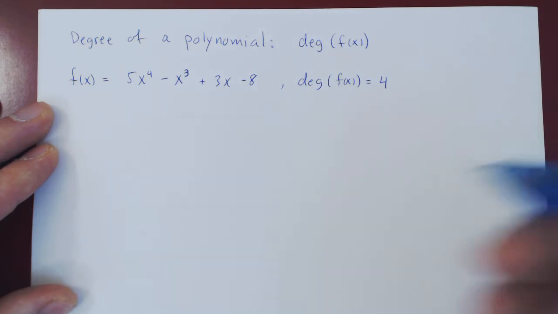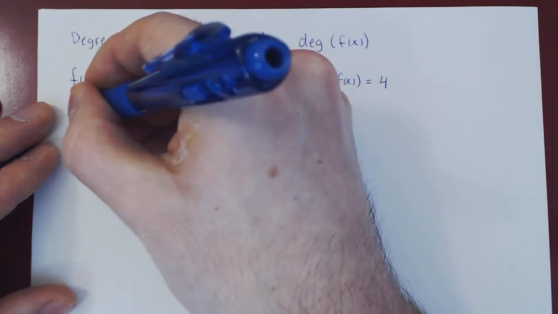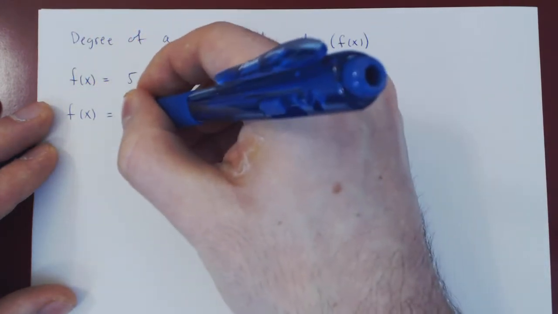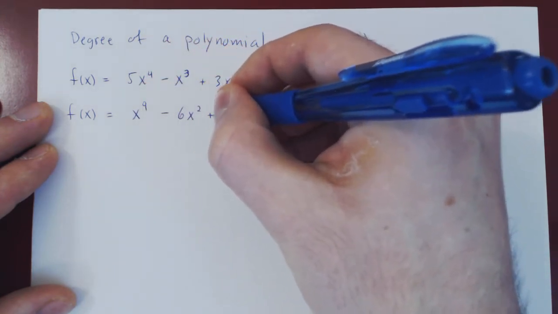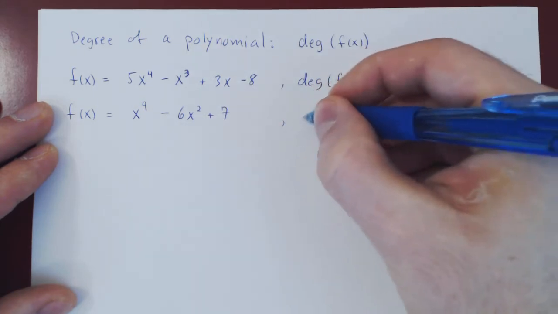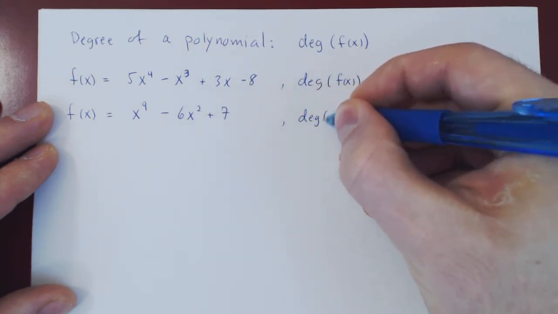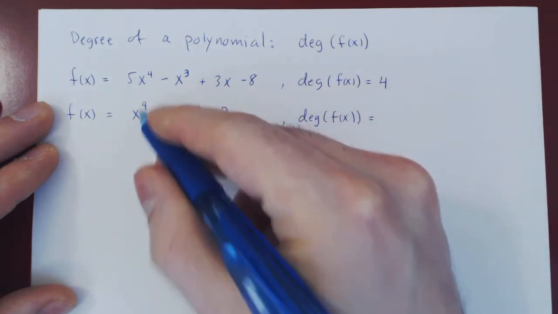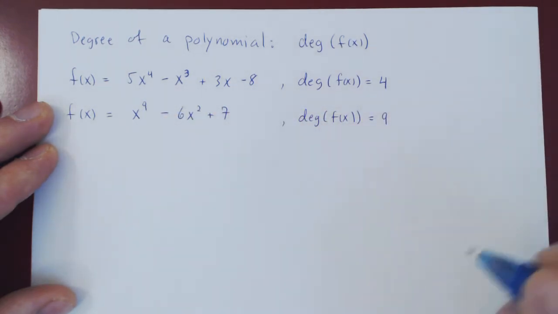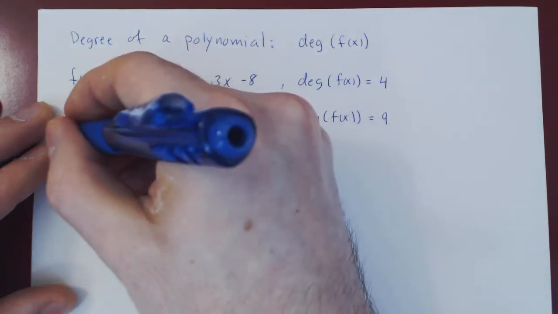And that's it. That's the degree of a polynomial. If our polynomial was x to the 9 minus 6x squared plus 7, then the degree of our polynomial now is equal to 9. Let's look at just two more examples.